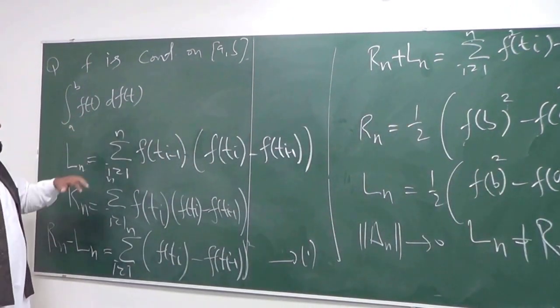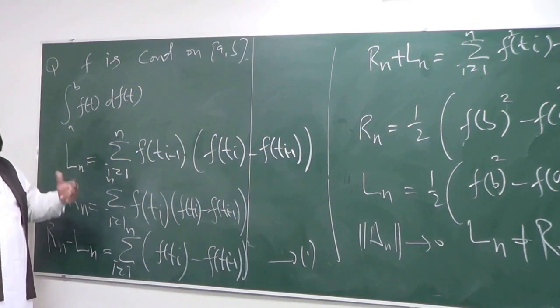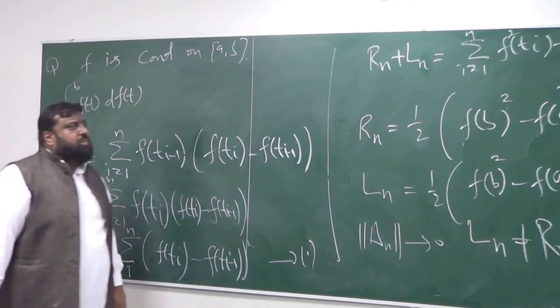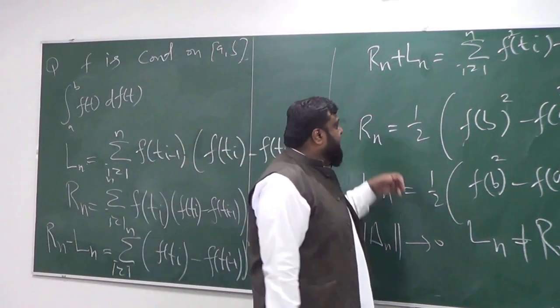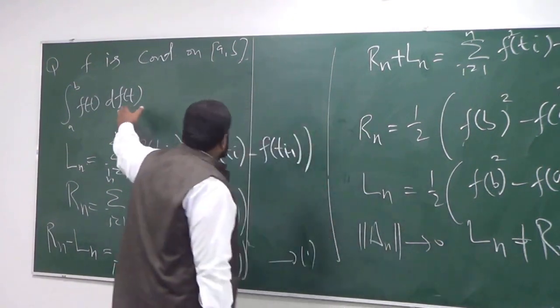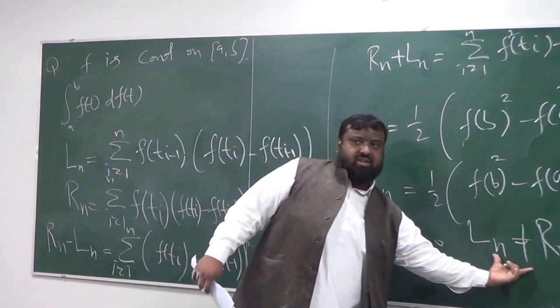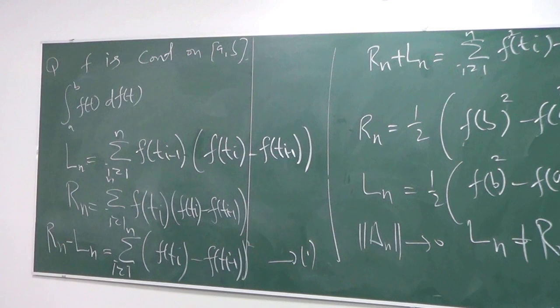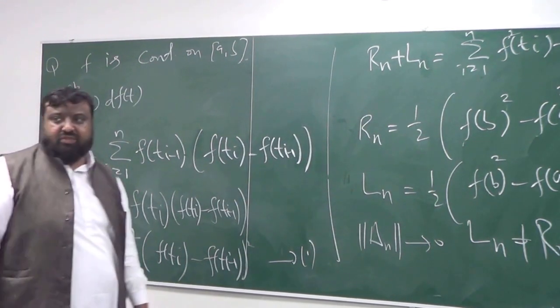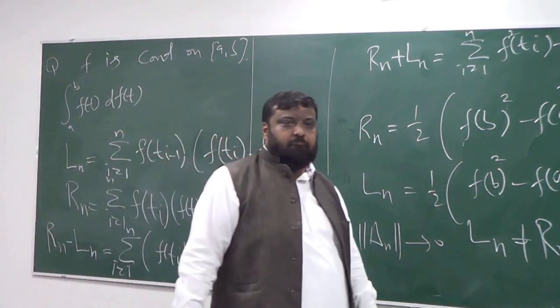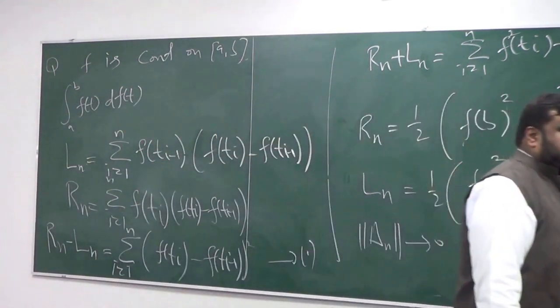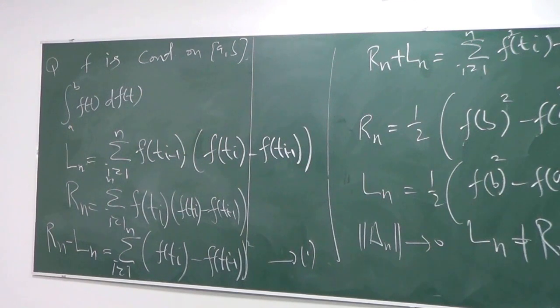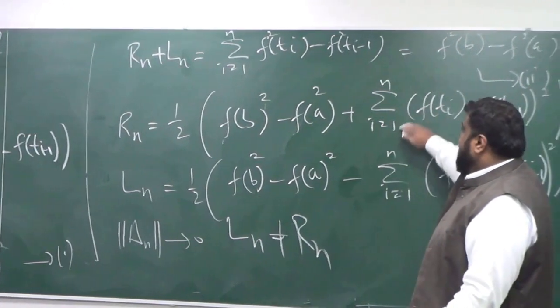Unless f has some kind of properties. What property would you like f to have so that these two become equal? One possibility is that these two expressions go to 0.